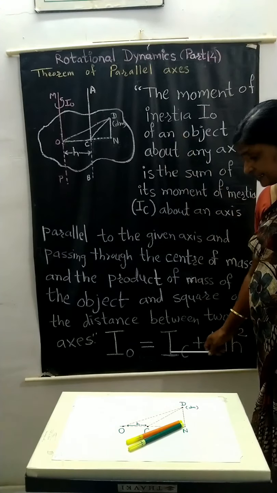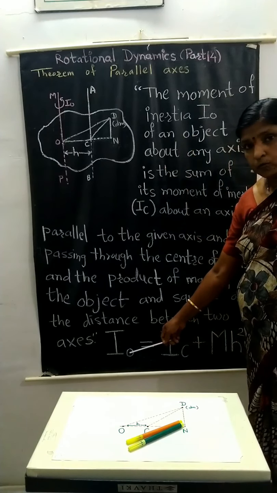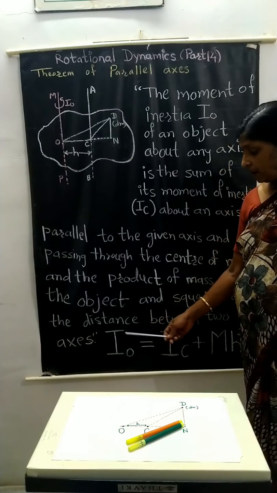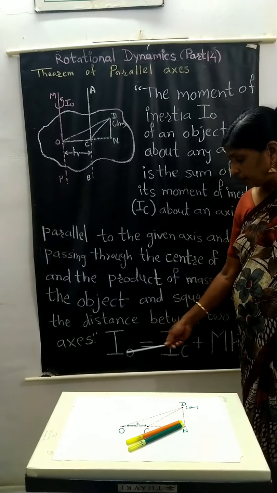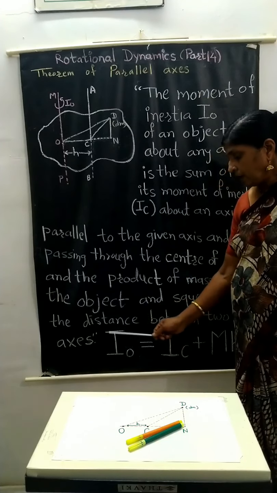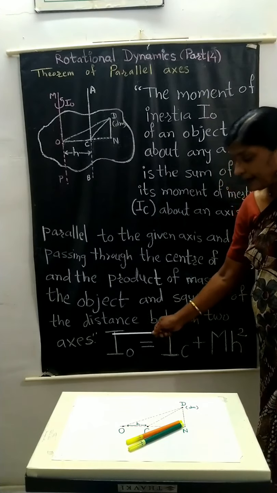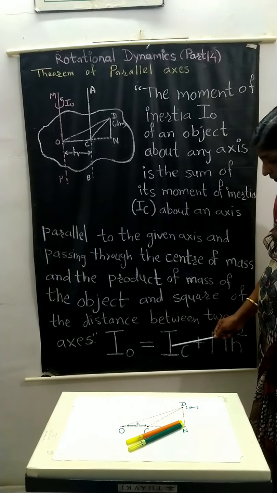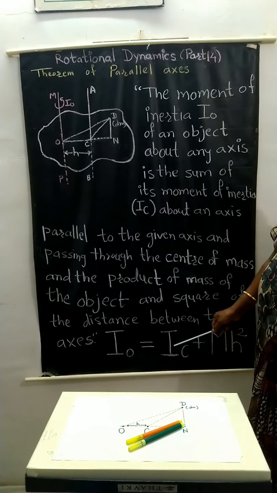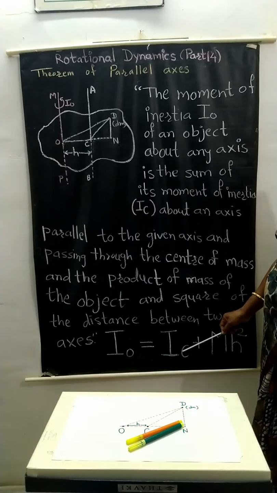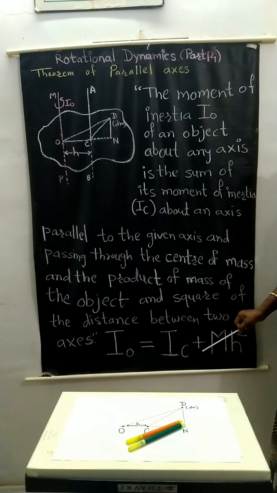If we know IC, then IO, that is the moment of inertia of the body about the axis passing through point O, is given by IO equal to IC, that is the moment of inertia of the body about a parallel axis passing through center of mass, plus Mh square.